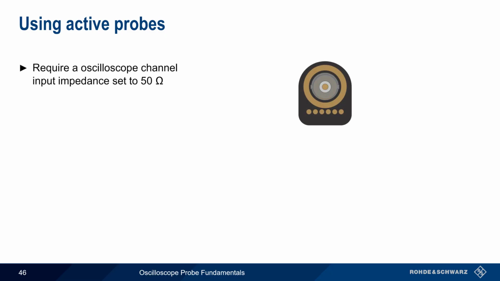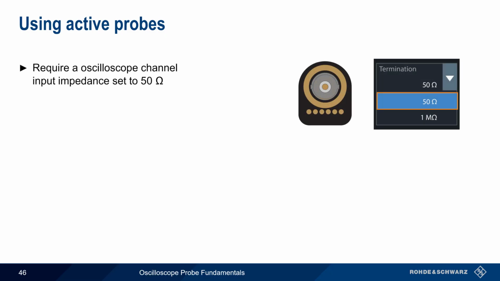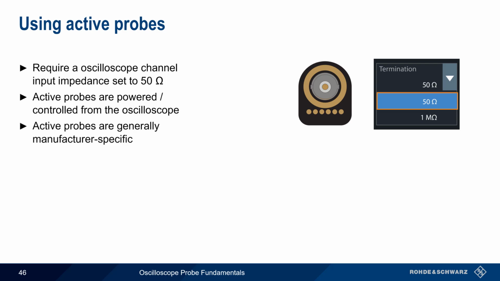Active probes normally require that the scope channel input impedance be set to 50 ohms, and these probes also normally obtain their power from and are controlled by the oscilloscope. For these reasons, active probes are generally manufacturer-specific. That is, you can't normally use one manufacturer's active probe with another manufacturer's scope.